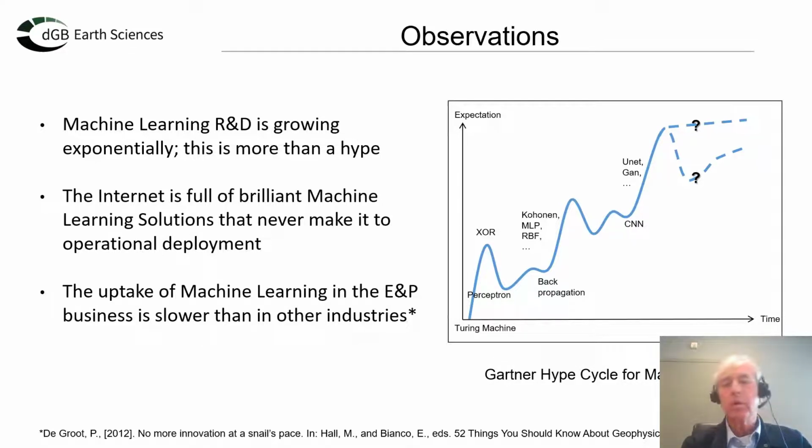But really, if we compare what we are doing with the rest of the industries, then we are a bit of a conservative bunch, and we're not really as forward-looking as others, or at least our uptake is slower than what we see in other industries. And I think one of the reasons is because we are very protective about our data and our knowledge, and we are not in the same sharing mood that we see in data sciences and in machine learning. And so we could learn something from the data analytics community in that respect.